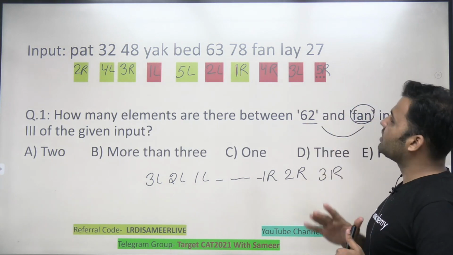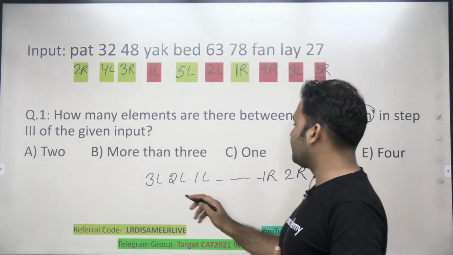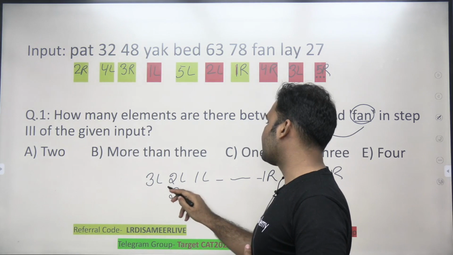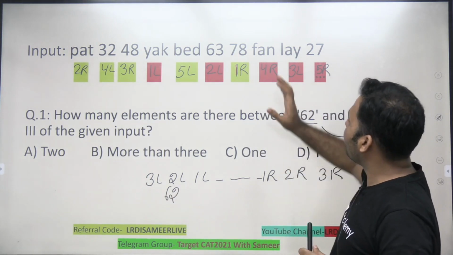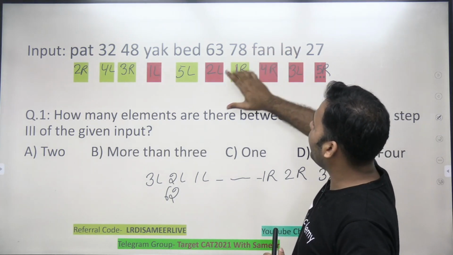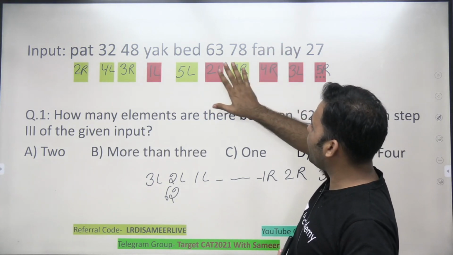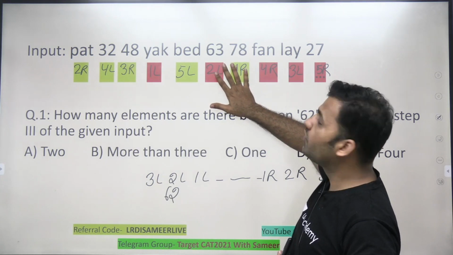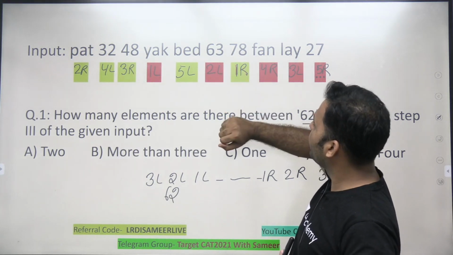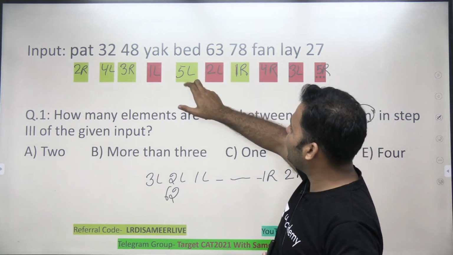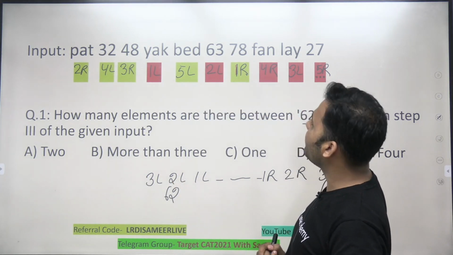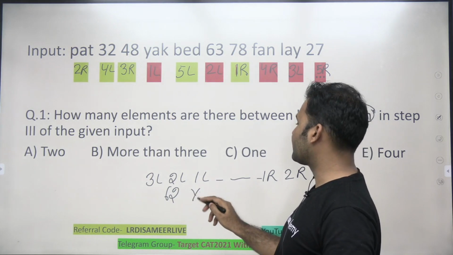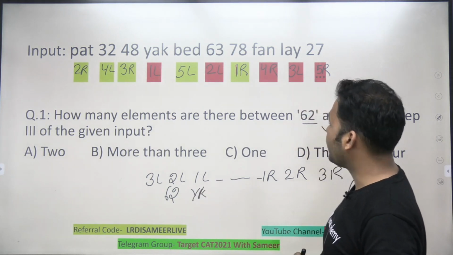Now, the number 62 is positioned at 2L, and the word fan has not been arranged. Before the element fan, 1R and 2L have already been moved to their positions, so these elements, the word bet. After 2L, I'll have the element 1L, which is YK.